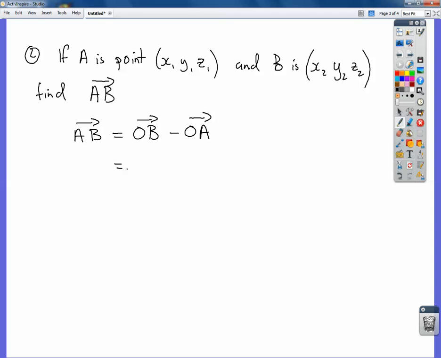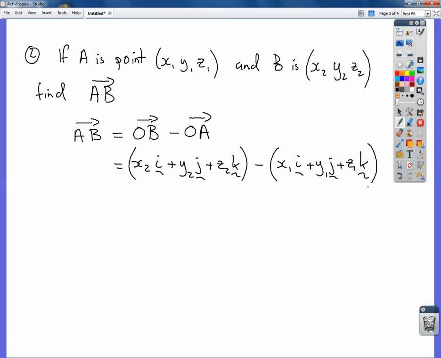So in this case, that's x2i plus y2j plus z2k. That's my position vector of B, and I'm subtracting x1i plus y1j plus z1k.